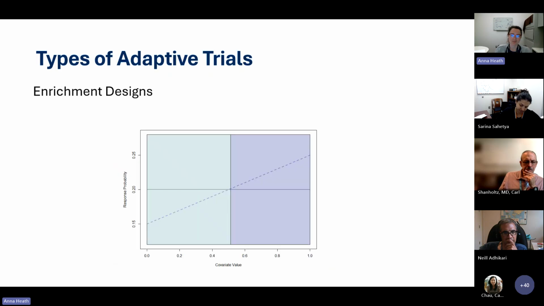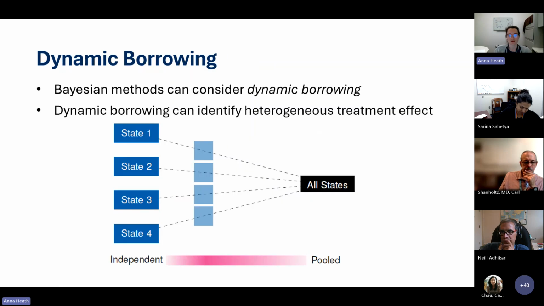So again, thinking back to these enrichment designs, where we might have a lower response probability for some covariates and a higher response probability in other covariates, that's what we're trying to investigate with this dynamic borrowing. So we have this covariate that we're using in some way to separate these different patient states, or patient groups, or subgroups.